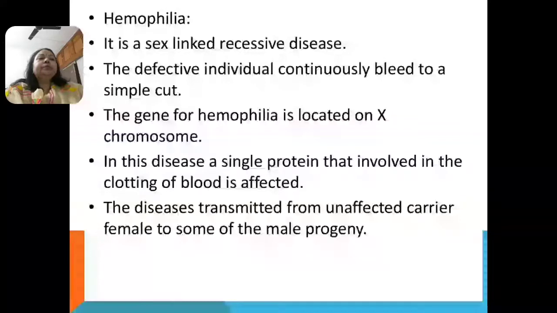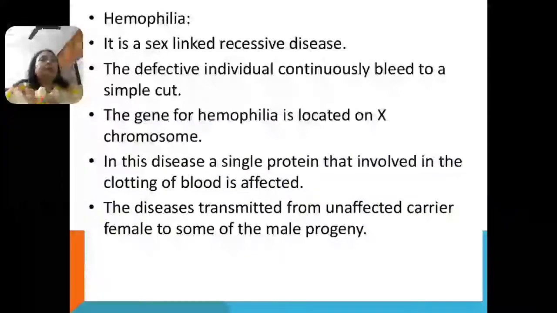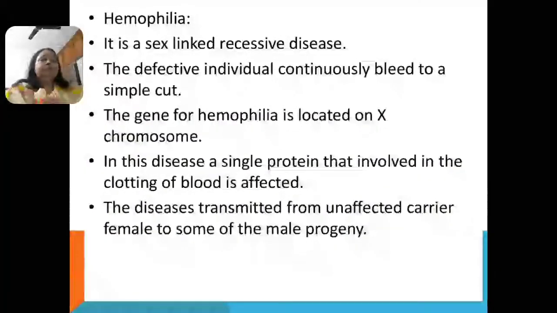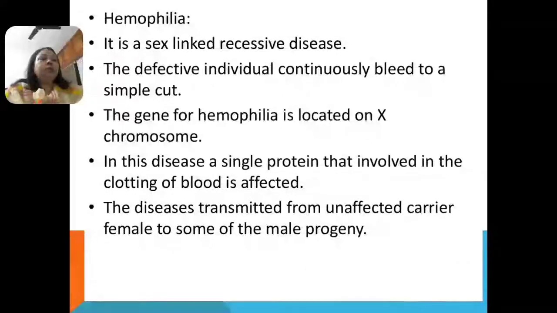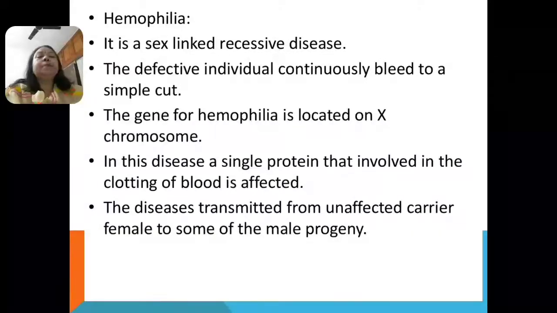So here we are going to study some very important genetic disorders. Number 1 is hemophilia. What is hemophilia? Basically, it is a sex-linked recessive disease, and the affected individual continuously bleeds from a simple cut.